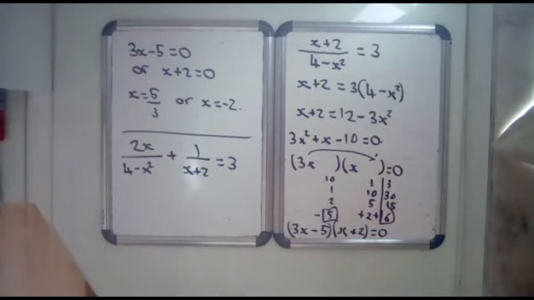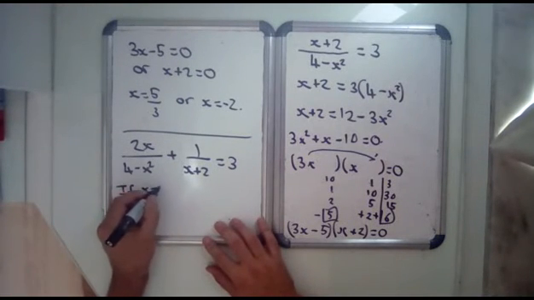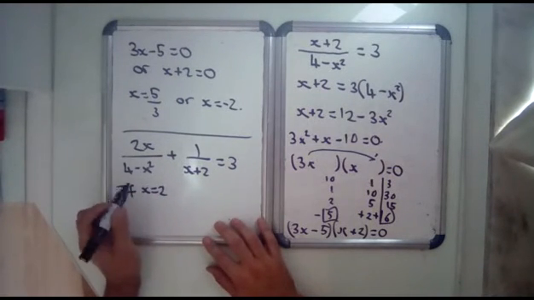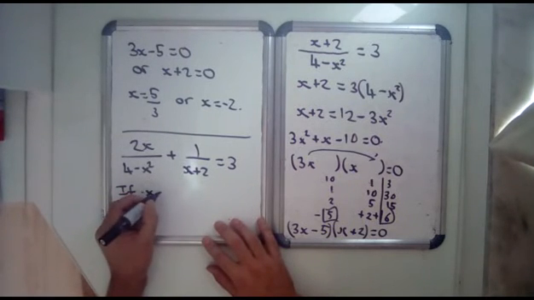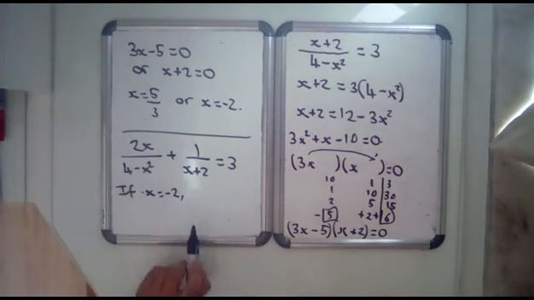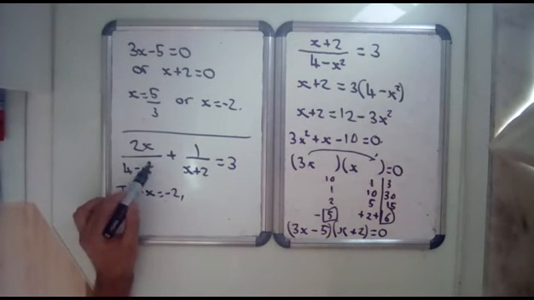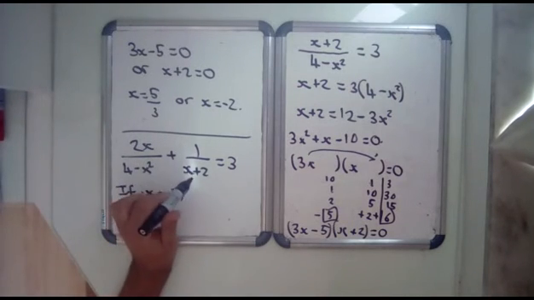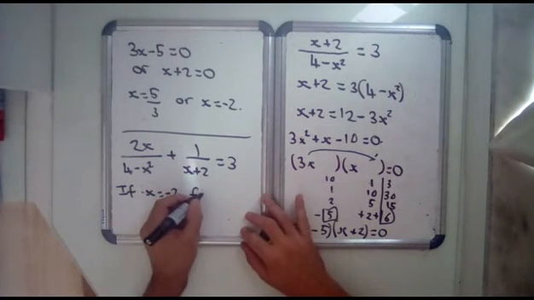So basically, if x equals minus 2, well, you've got a problem in here. In fact, you've got a problem in both places. Either way, minus 2 squared is 4. 4 minus 4 is 0. Minus 2 plus 2 is also 0. So the function is undefined.